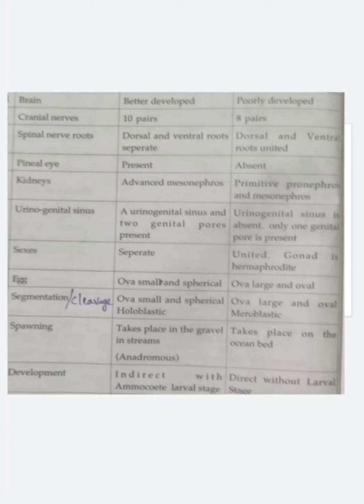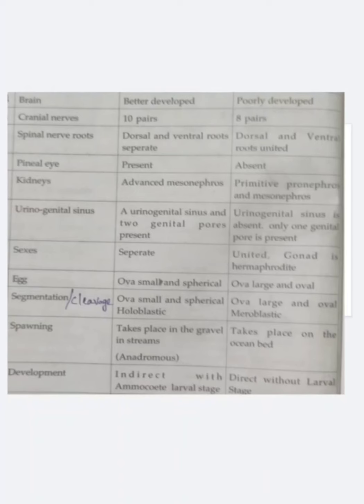Coming to the cranial nerves, 10 pairs of cranial nerves arise from the brain of Petromyzon. The nerves which arise from the brain are known as cranial nerves. Myxine has 8 pairs of cranial nerves. When we see the spinal nerve roots, dorsal and ventral roots are separated in Petromyzon, but in Myxine these dorsal and ventral roots are united.